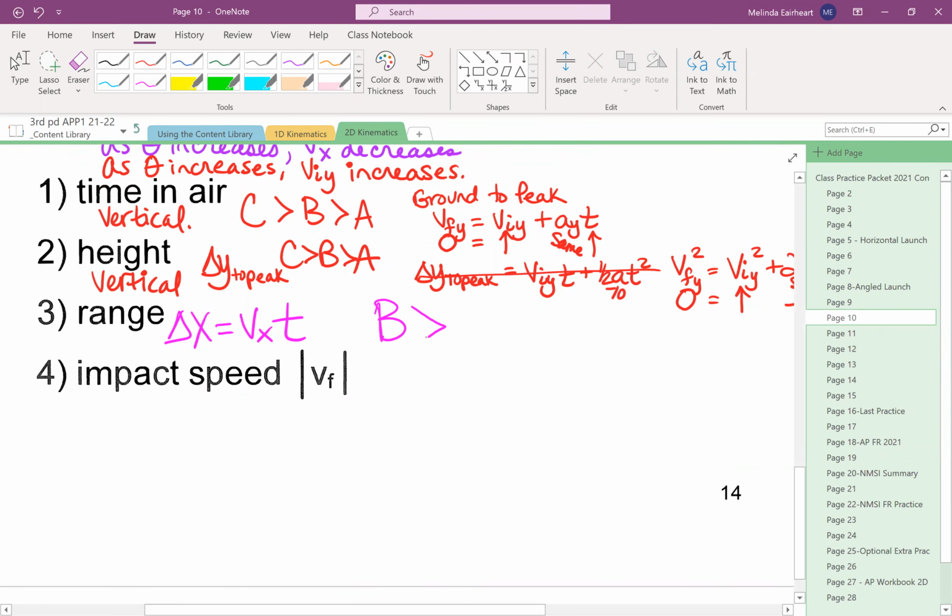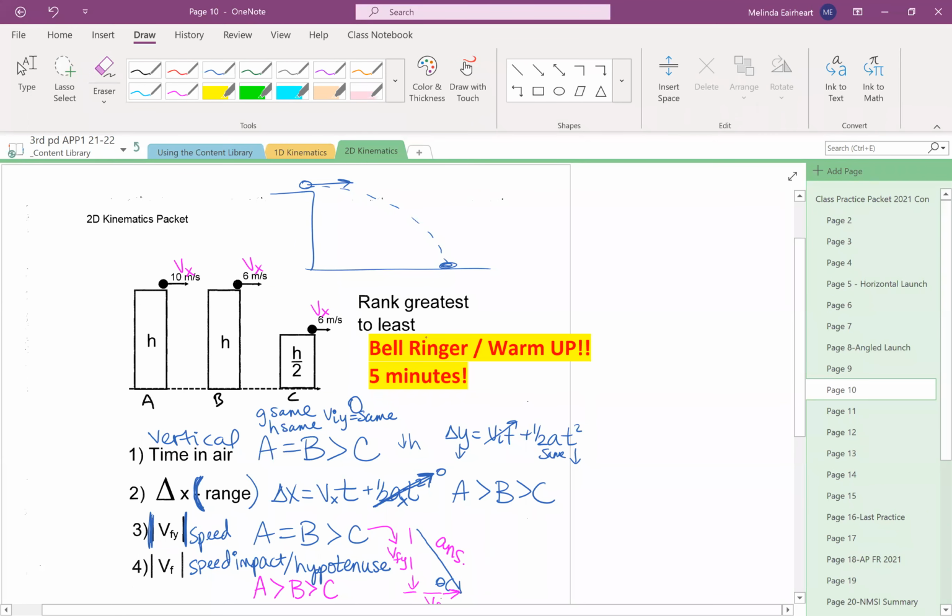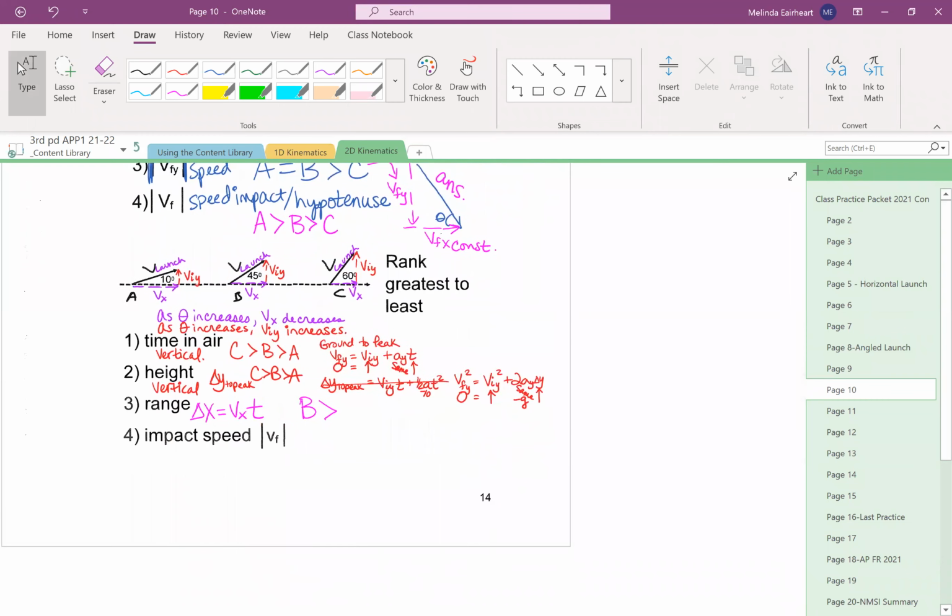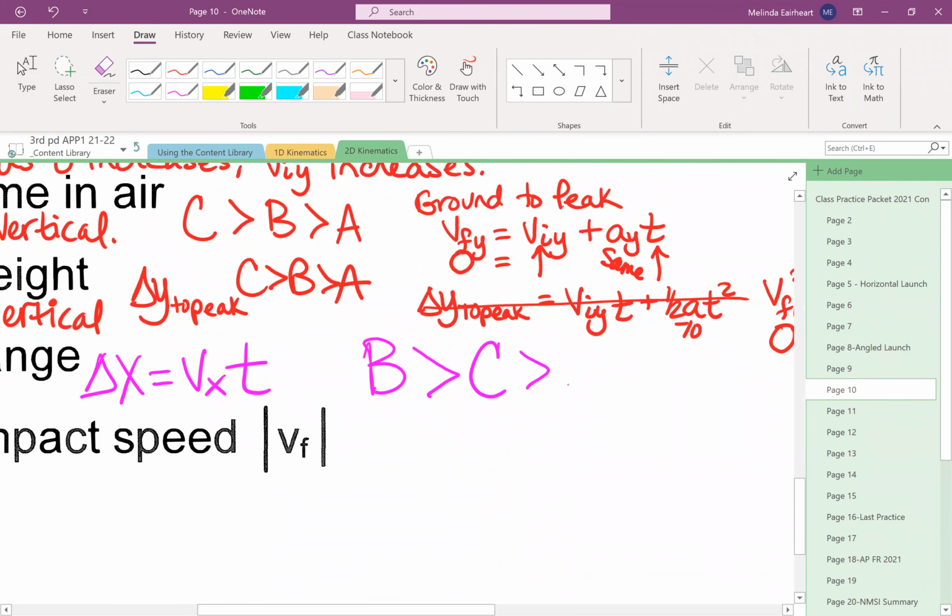B. And then, is it 10 or 60? I wasn't able to test 10. It would be 60. Why? Right, it's the angles closest to 45. And so C and then A would be the least. So closest to 45 and then furthest to 45. Good deal?